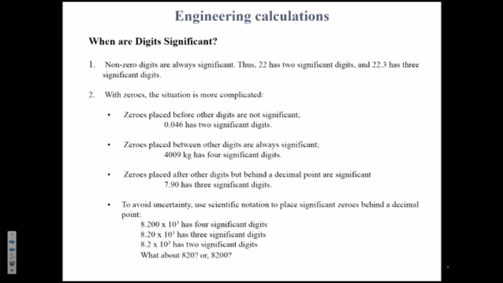But if I say the number is 7.9, then 9 is the estimated digit. That means the actual number would be between 7.8 and 8.0, right? Because it's plus minus 0.1 then. So that changes the quality of the number completely. Even though numerically both numbers are the same, where you place the zeros can make a lot of difference.